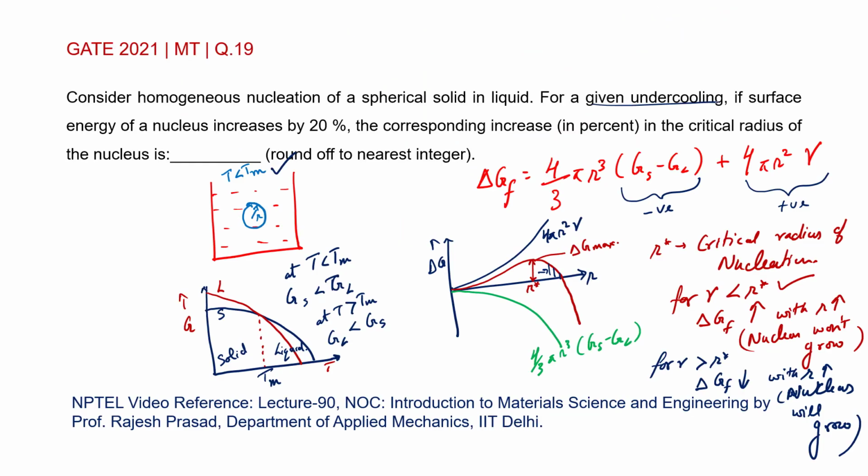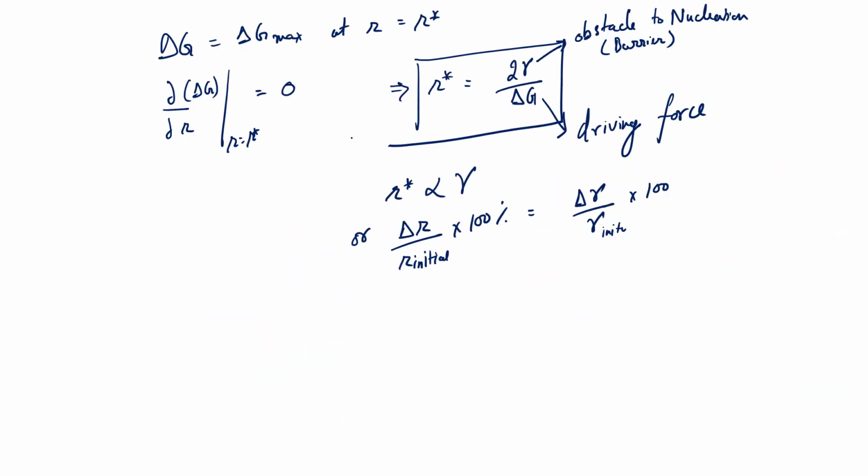For a given undercooling, if the surface energy of the nucleus increased by 20%, so let us increase the surface energy by 20%. So 1.2 will be the final surface energy, minus initial, which is 1, upon 1, into 100. You will get 20. And this will be equal to delta r upon r initial into 100.